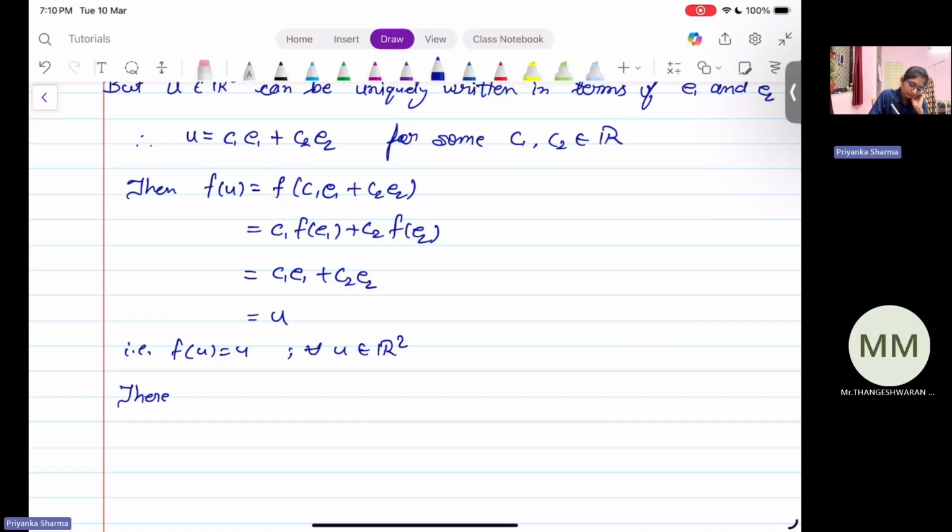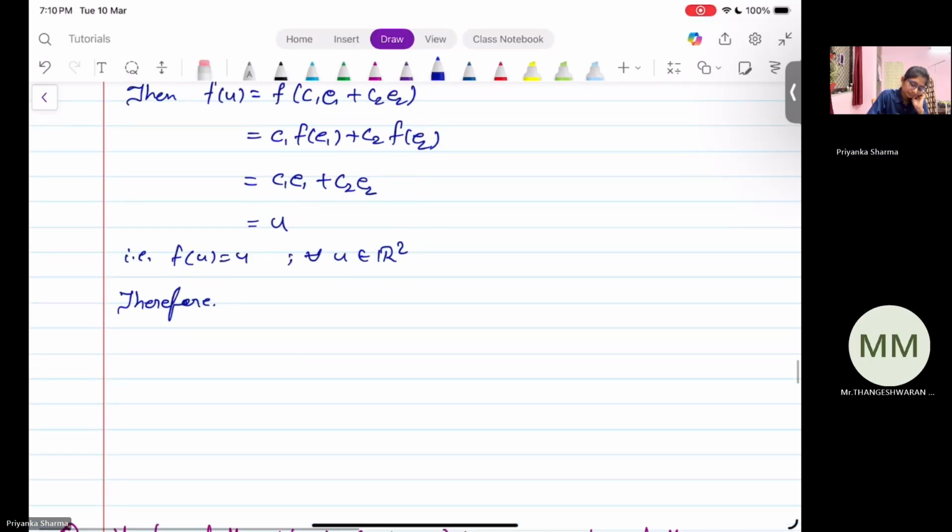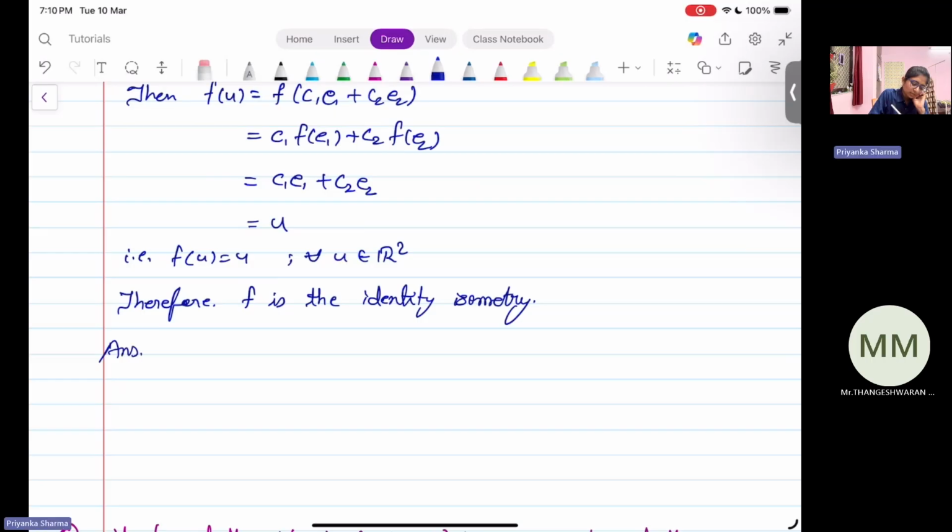Therefore, F is the identity map. The answer is true.